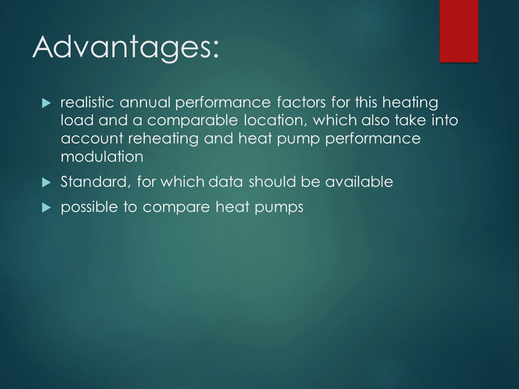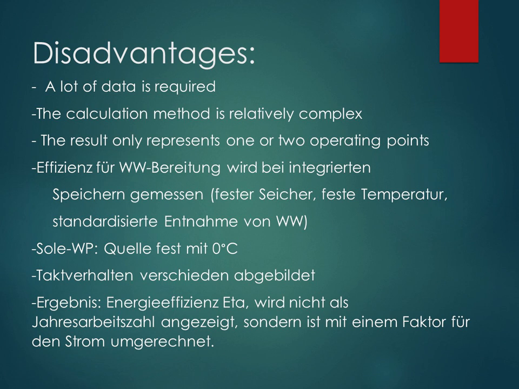Since label calculations are mandatory for manufacturers, a standard exists for data availability, making it possible to compare different heat pumps. The disadvantage is that this method requires more data and involves relatively complex calculations.